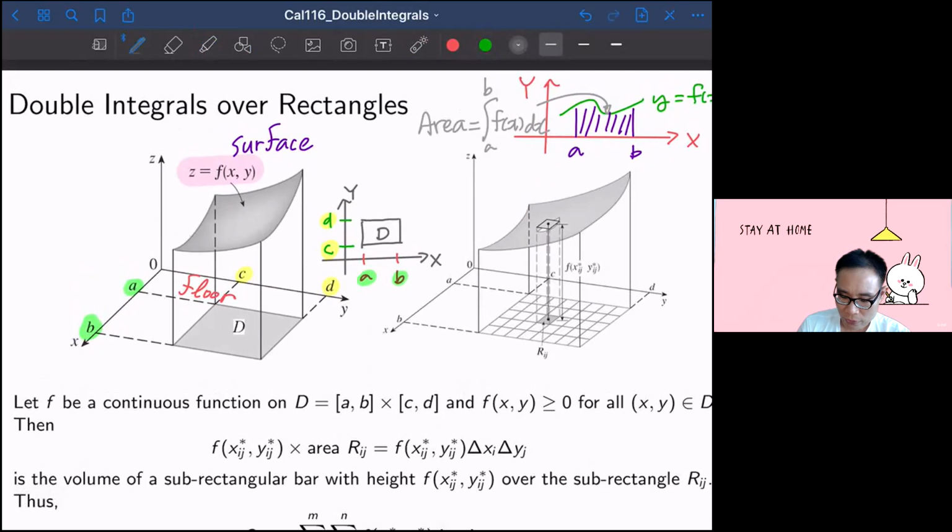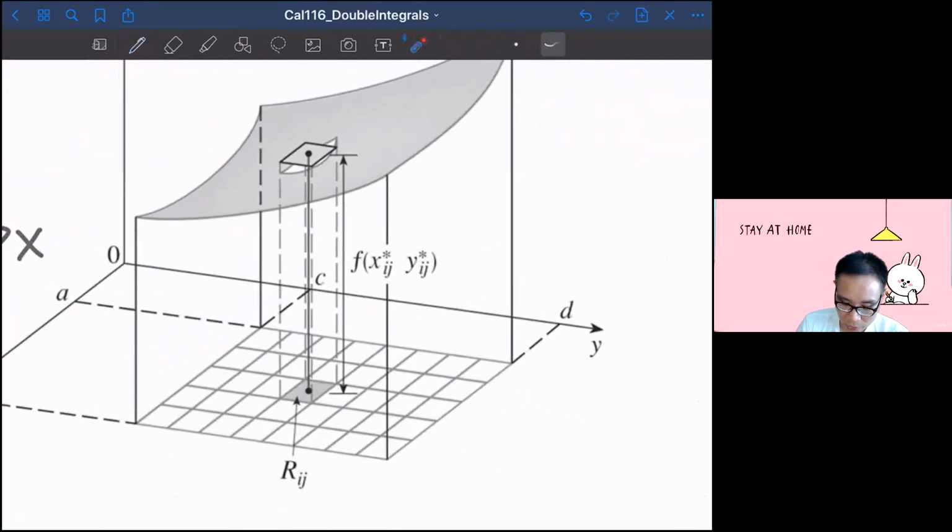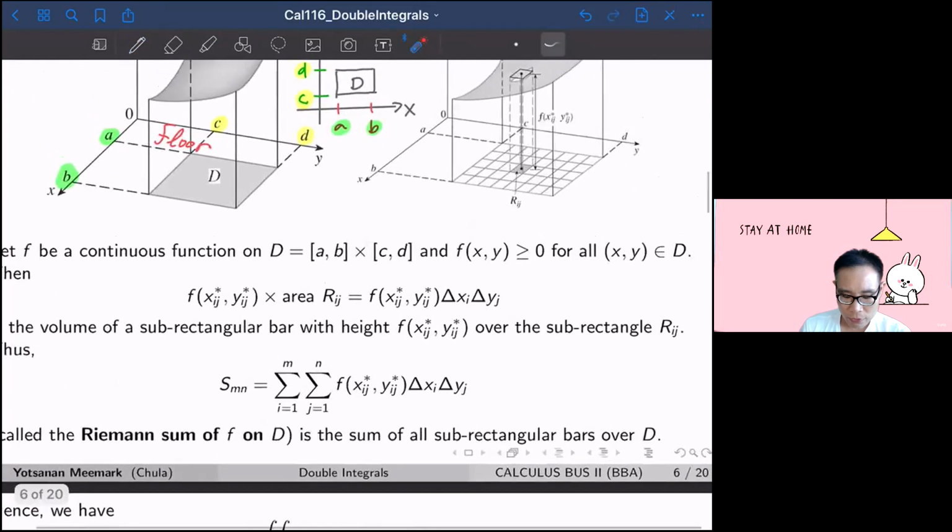So in this case, you're going to subdivide the rectangle D into smaller pieces, and you're going to compute the volume of a rectangular bar like this. When you have a rectangular bar, you can compute the volume easily as the width times the length times the height, and you obtain the volume of the bar. And you may sum these bars up.